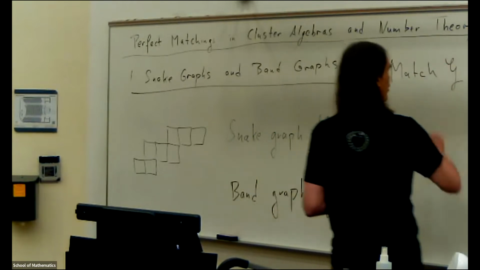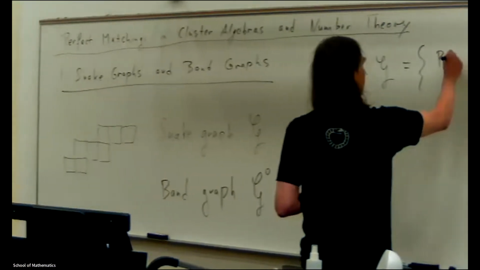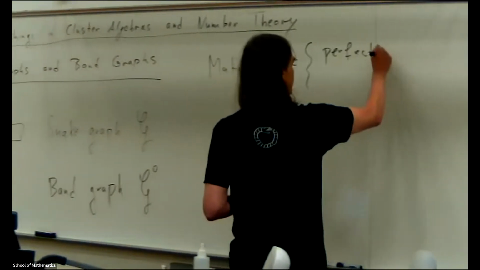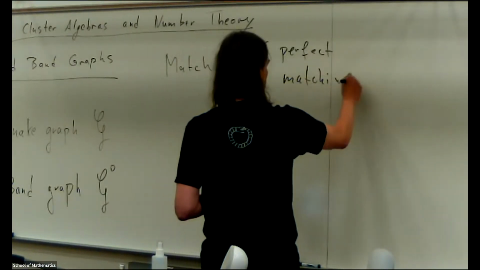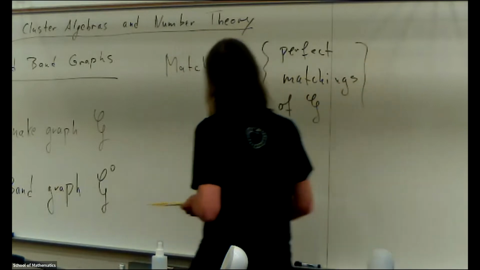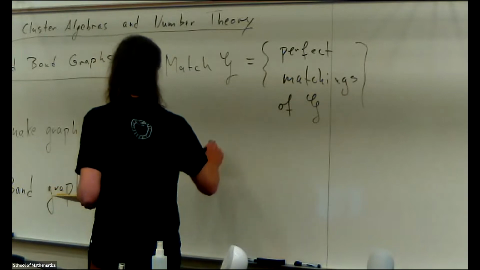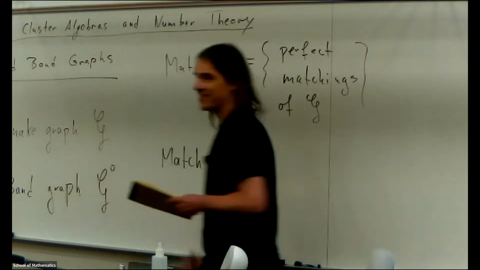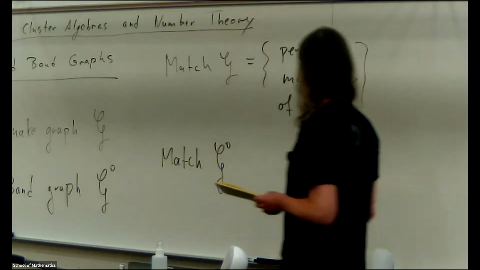And then we'll write match G for the set of perfect matchings of G, and now you might think you know what this is, but I must surprise you a little bit.